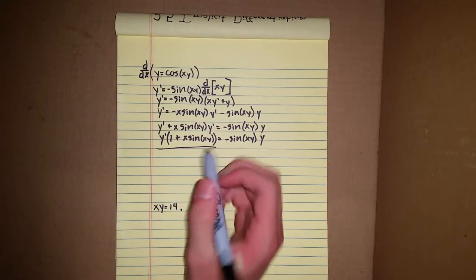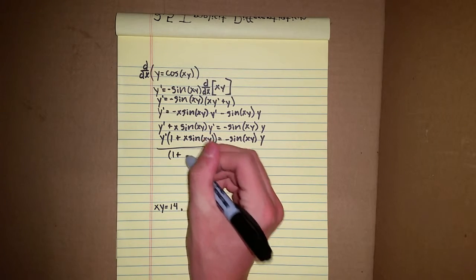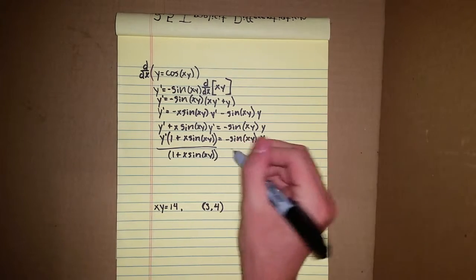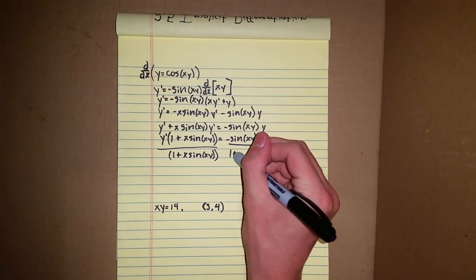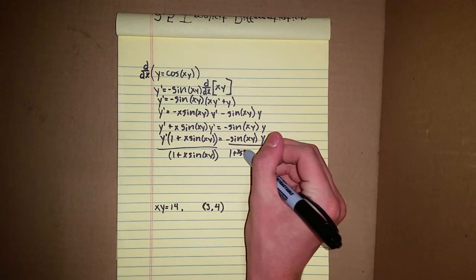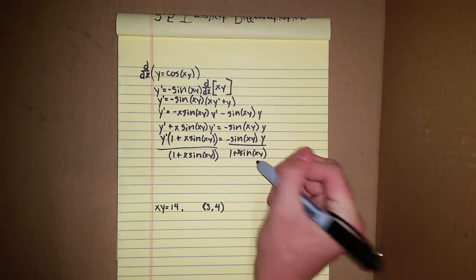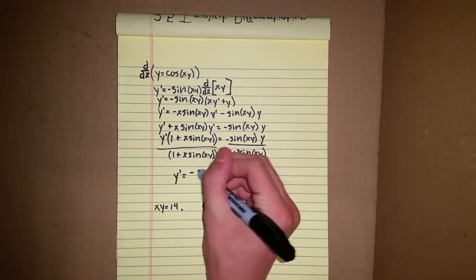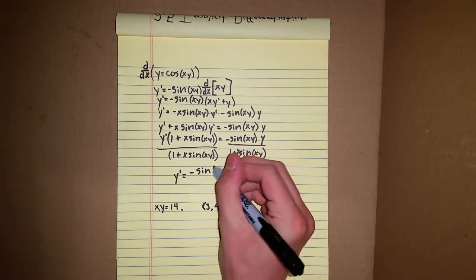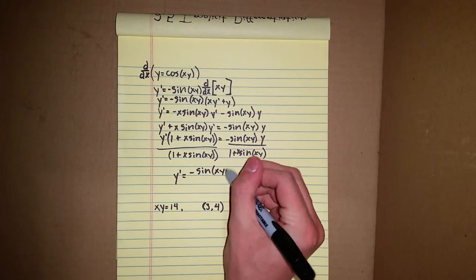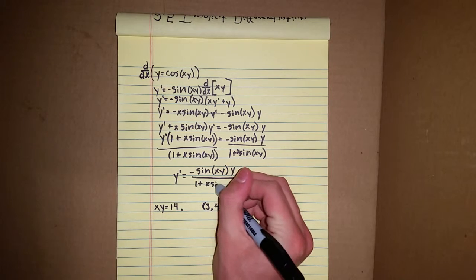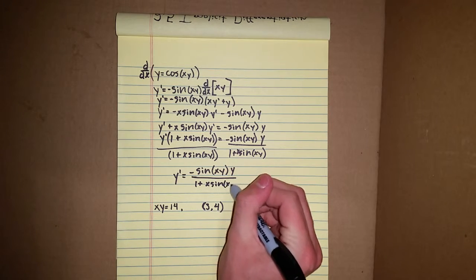Just divide all of this over, divide by 1 plus x sine of xy. And you're left with y prime is equal to negative sine of xy y all over 1 plus x sine of xy.